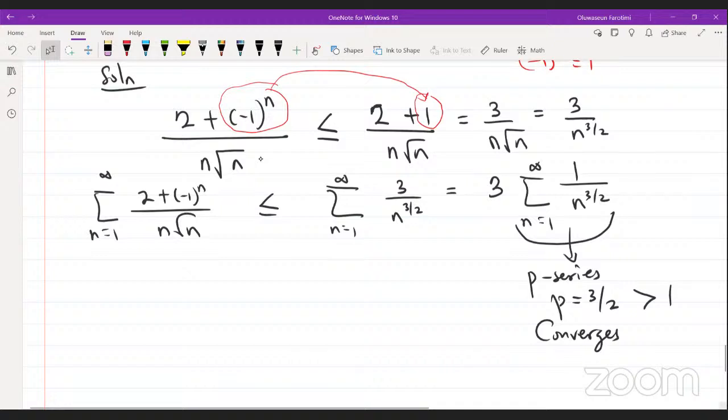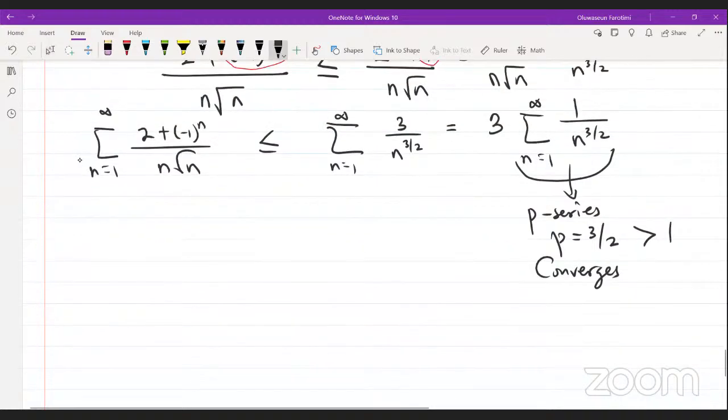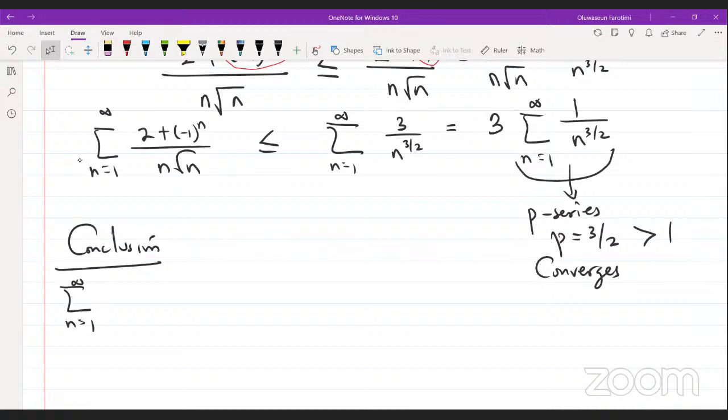Converges. So what's going to be my conclusion? If the series of the right-hand side converges, what does it tell you about the series of the left-hand side? It converges, okay? (2 plus negative 1 to the power of n) divided by n times the square root of n converges by what? Comparison test.